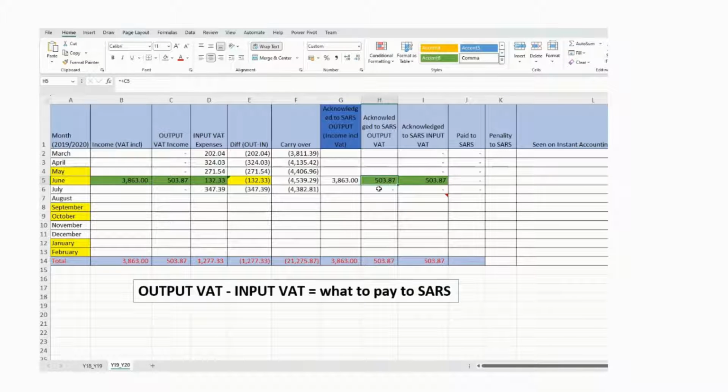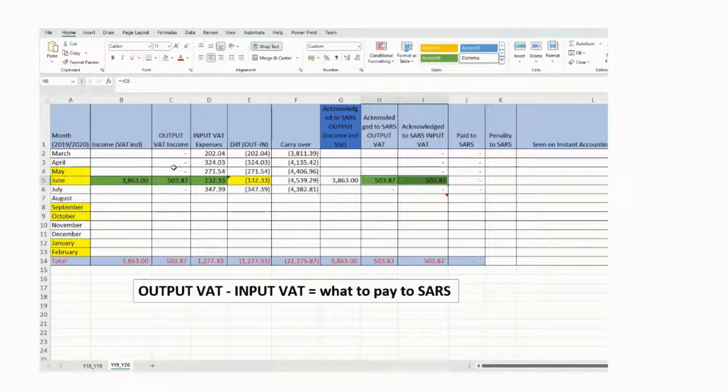So my output VAT, which we know is 503, and my input VAT, I take 503 so that it gives a net result of 0. So for the month of May and June, because I do it together, I'll be submitting to SARS these two figures here and resultantly saying there's nothing to contribute.